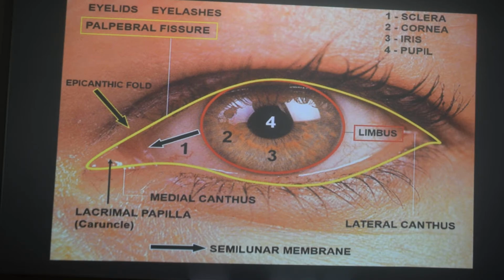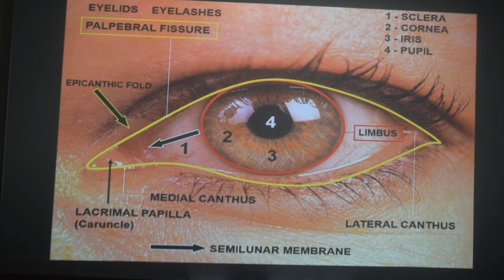So normally when you look at the eye from this side, you probably would not be able to appreciate the anterior chamber of the eye, but if you see the eye from the side, you can see the space between the cornea and the iris, and that space is filled up with the aqueous humor, and that is called the anterior chamber of the eye.